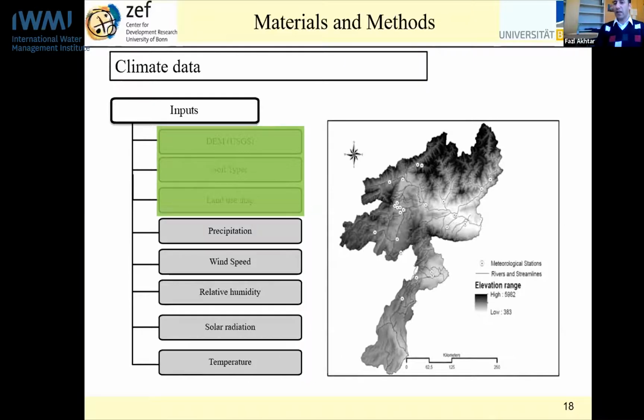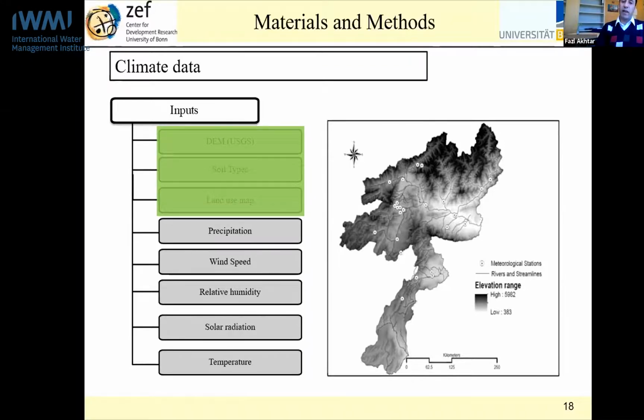So that, I think, partially tackles the issue of data scarcity. Not only temperature and precipitation, but the remaining parameters, solar radiation, wind speed, and relative humidity, are also available at high resolutions in the Climate Engine. So when data is scarce, alternatives could be these global data sets.